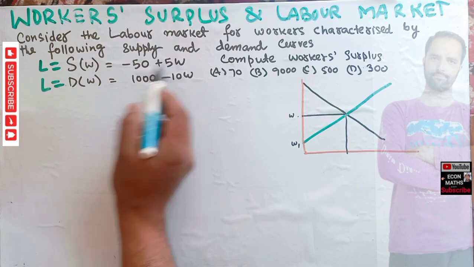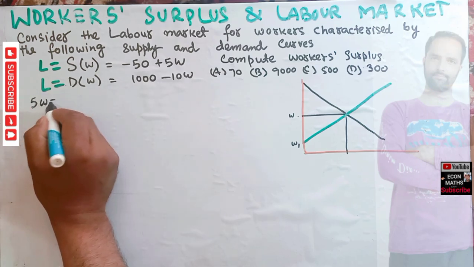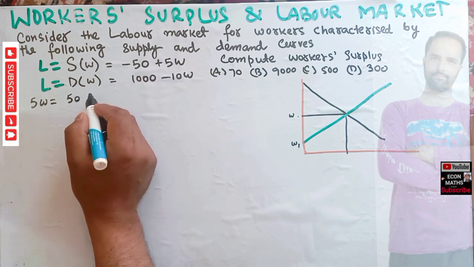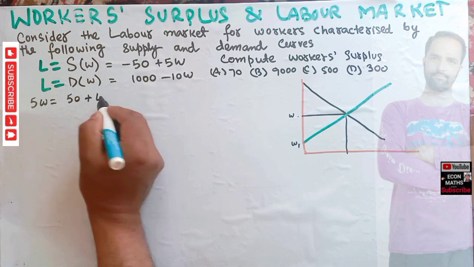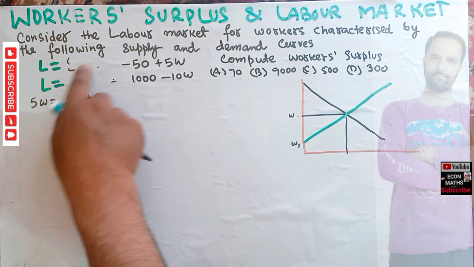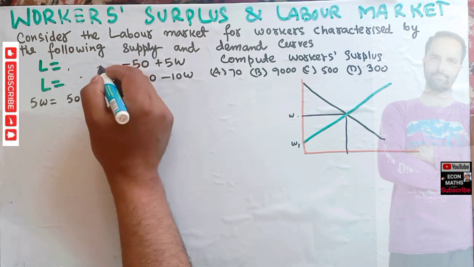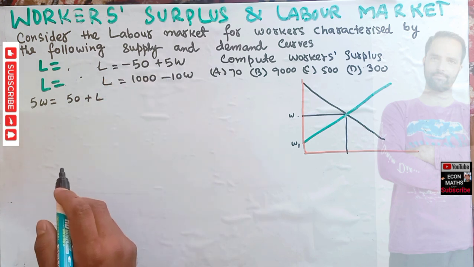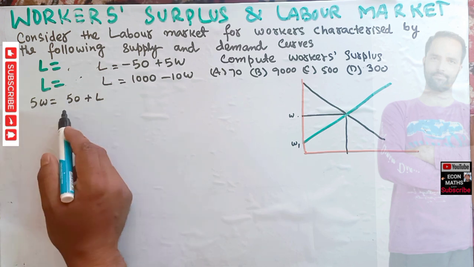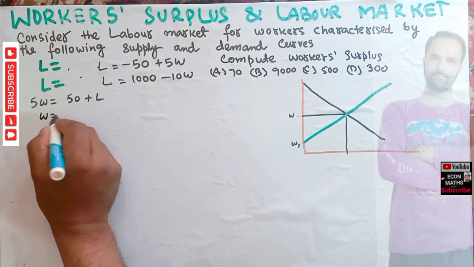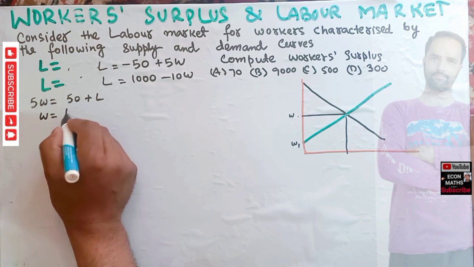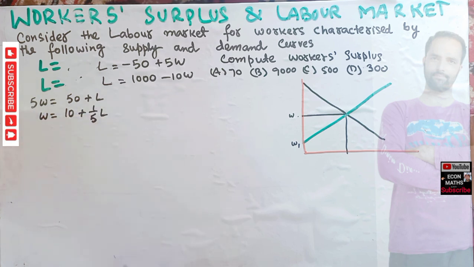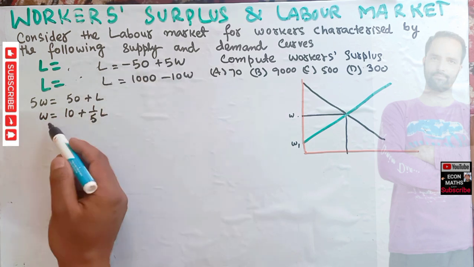So we can write 5W is equal to 50 plus L. Then W is equal to, if I transpose this, 50 upon 5, which comes out to be 10, plus 1 upon 5 L. Okay, so I have solved this labor supply for wage rate.